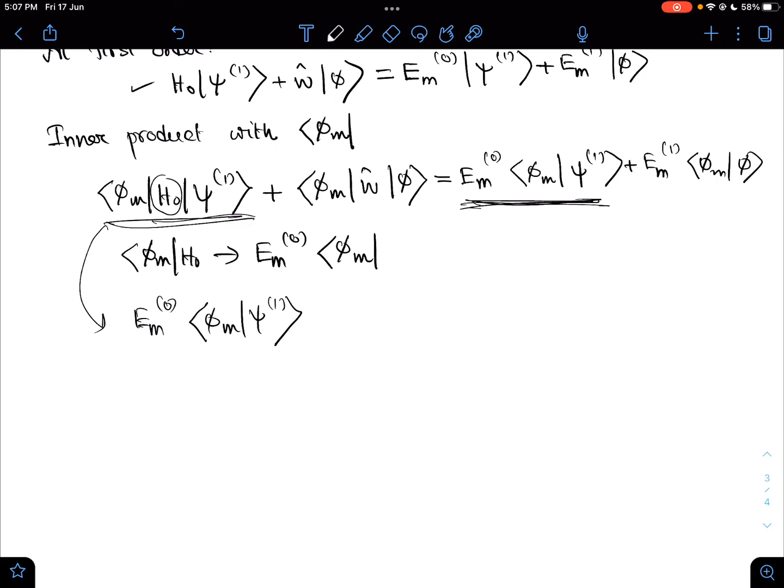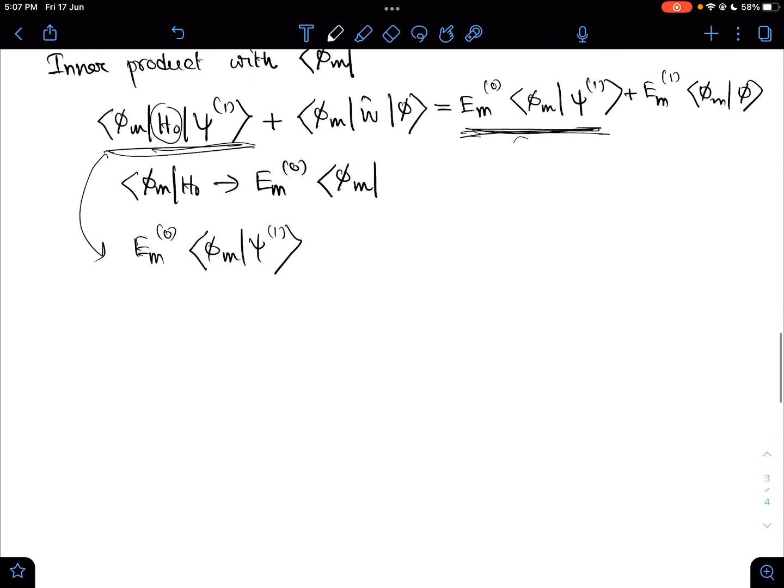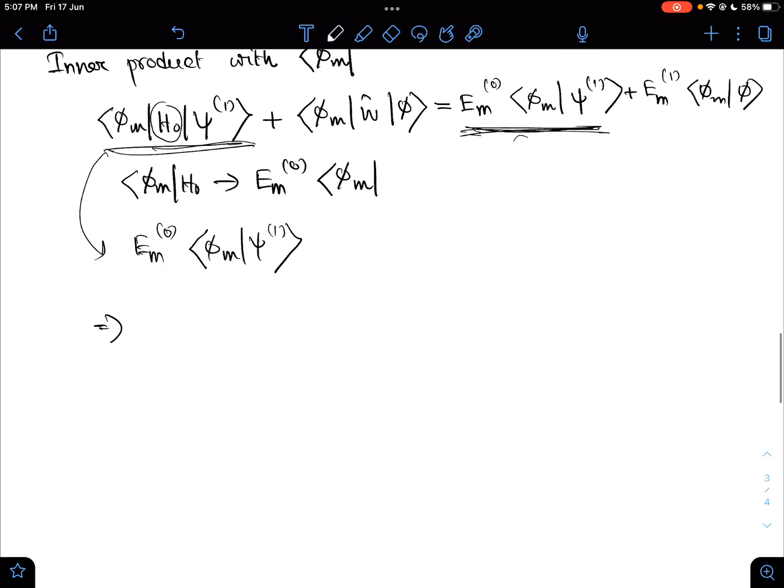These two terms will cancel out. Now phi m psi gives us alpha, since psi is alpha phi m plus beta phi l.